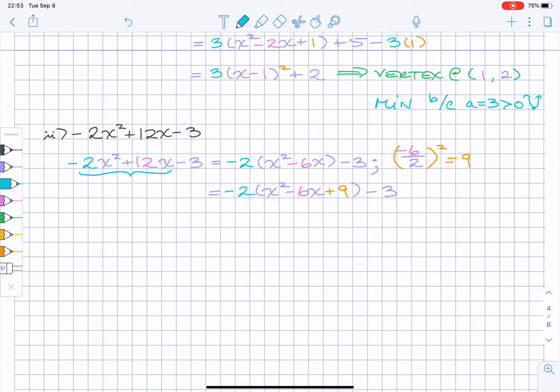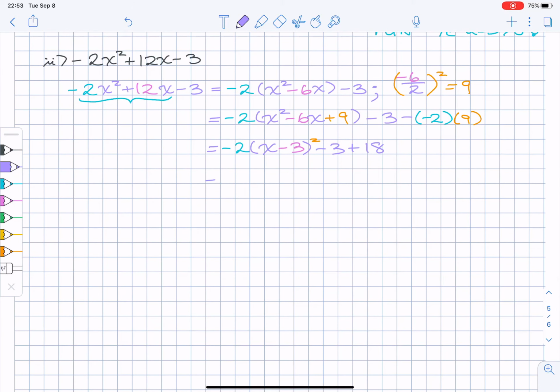I need to subtract the lead coefficient negative 2 times what I added in, 9. So what do we get? We get negative 2 times a perfect square trinomial, x minus 3 quantity squared, and I have negative 3 plus 18.